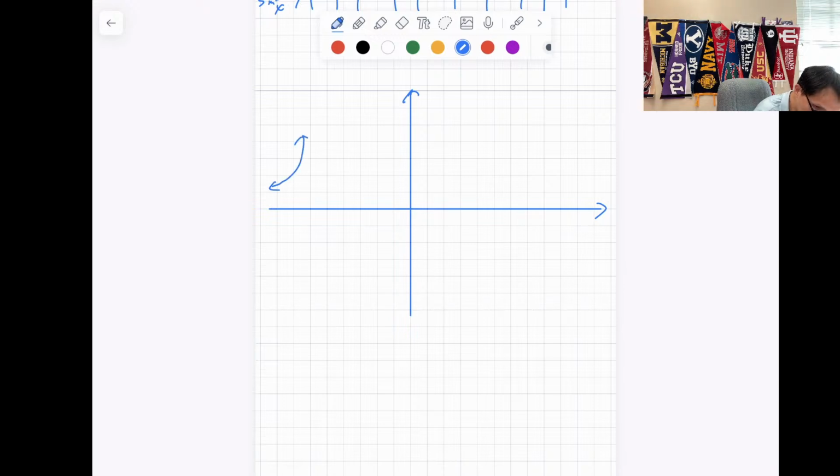There's an asymptote here, and an asymptote here, and this is going to be here, and an open circle here, and here there's an open circle this way, open circle, closed circle, open circle this way.